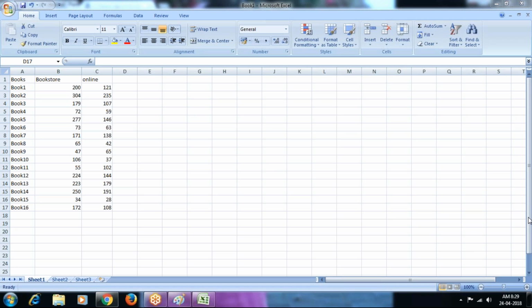That's less than or equal to online and greater than or equal to bookstore. Once again, bookstore less than online and bookstore greater than online. Fine, fine. Yes, yes, yes. Right.